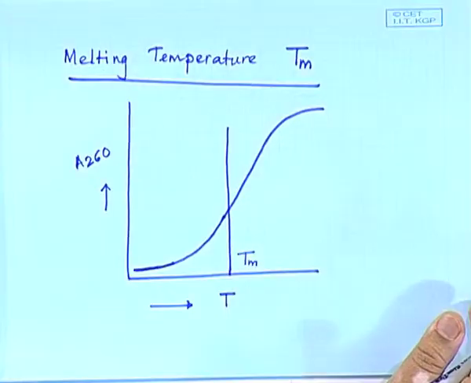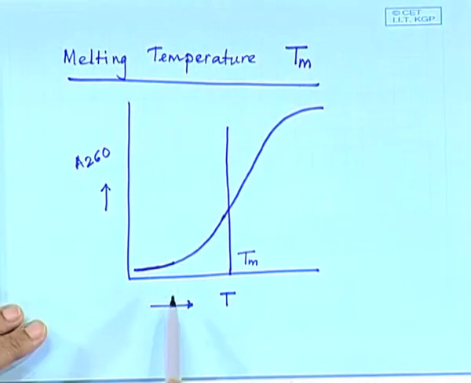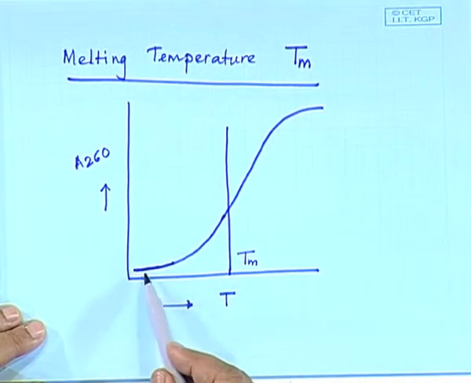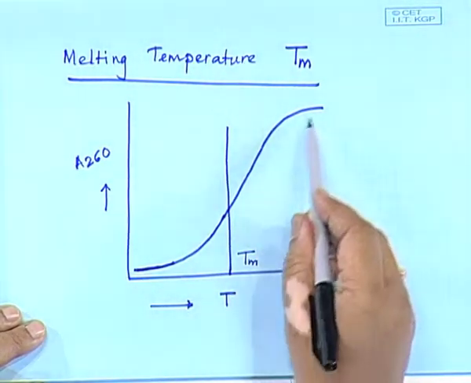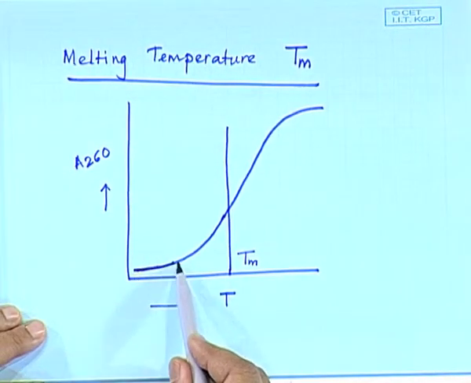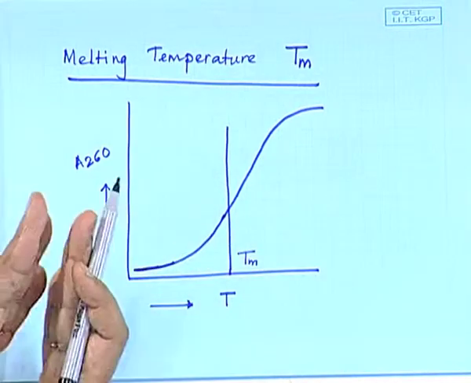Now, this maximum absorbance at 260 nanometers increases when we increase the temperature. So, what is now done is, we are increasing the temperature and I am monitoring the absorbance at 260. We know that the strands are being separated.